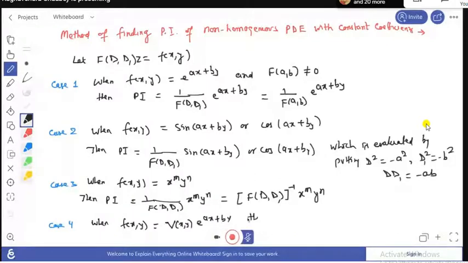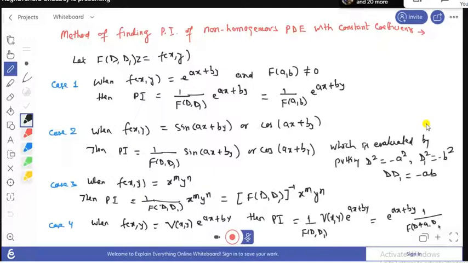Then the particular integral equals 1 upon f of d d1 of v of x y exponential of ax plus by, which is equal to e to the power ax plus by, as usual in ordinary differential equations. And here you write f of d plus a and d1 plus b of this function v of x y.